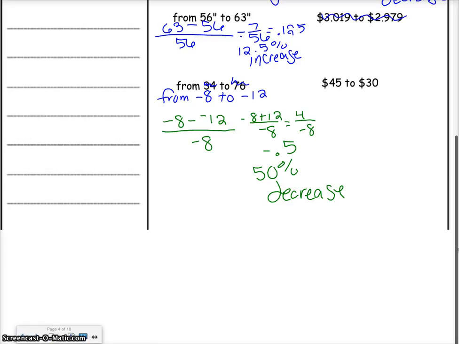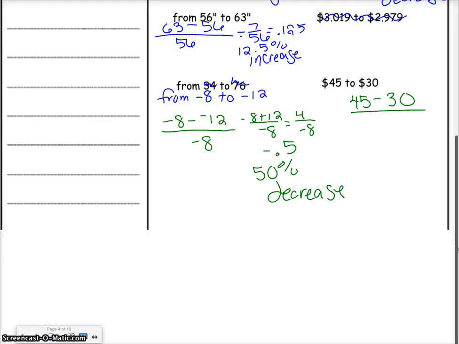All right, let's pretend that you really love these pants that were 45 bucks and now they're 30 bucks and you're like, I just wonder how much on sale they are. Well, we can calculate it. You do the big number, 45, take away the small number, 30, divided by where you started.